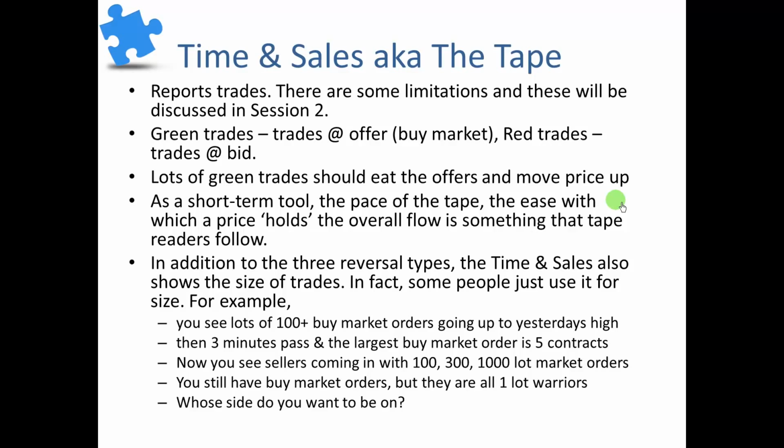Okay, and the premise is, if you see 1,000 contracts trade, would it not be nice to know if that was 5 200-lot trades or 500 2-lot trades? Because personally, I'd rather trade with 5 200-lot traders than with 500 2-lot traders. Okay, which brings us to a small problem with a lot of time and sales products.